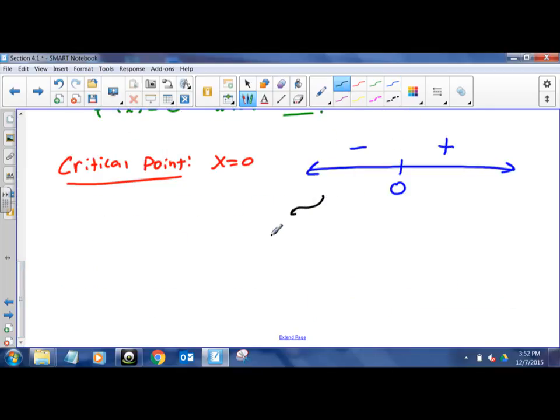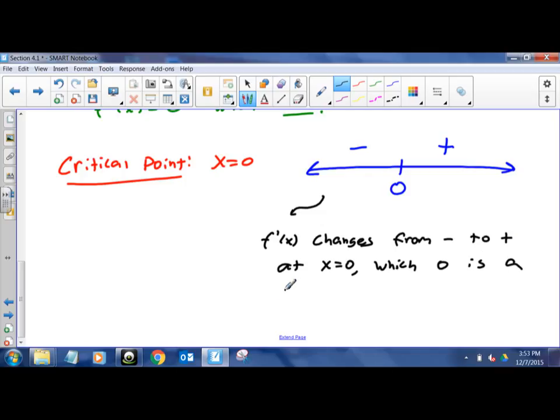So this tells us that f prime of x changes from negative to positive at x equals 0, which means 0 is an extreme value. Okay, so x equals 0 is an extreme value.